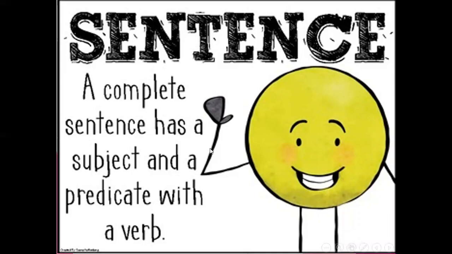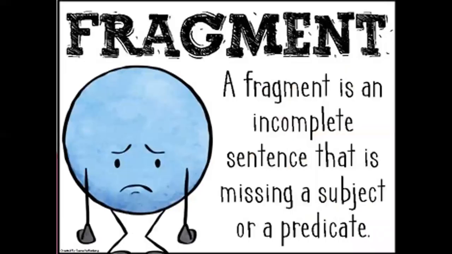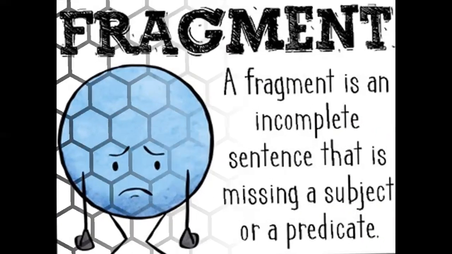And it should have two parts, the subject and predicate. What's the meaning of fragment? The fragment is an incomplete sentence that is missing a subject or predicate, but sometimes it has the two parts, but it's still a fragment.